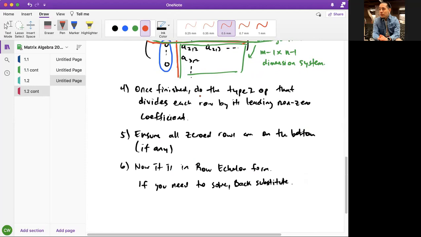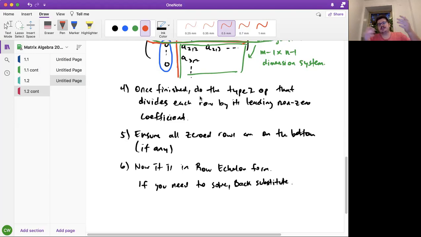The first non-zero entry is 1. Correct. If there is a row full of zeros at the bottom, and the leading rows have zeros, you have this increasing pattern as you go further down. There'll be more and more leading zeros, and what makes it row echelon is that the first non-zero entry, the leading coefficient, is 1.